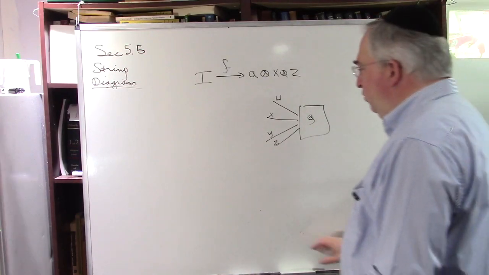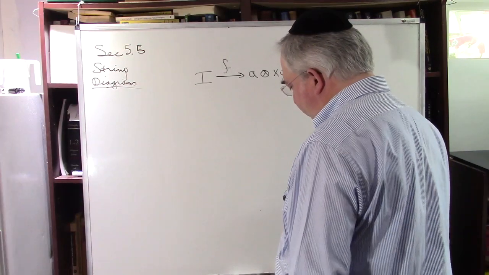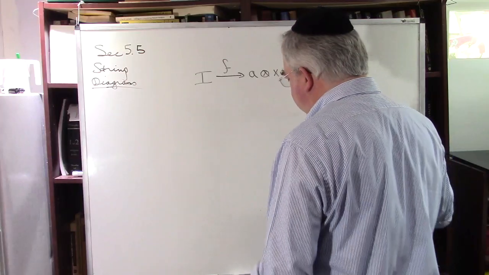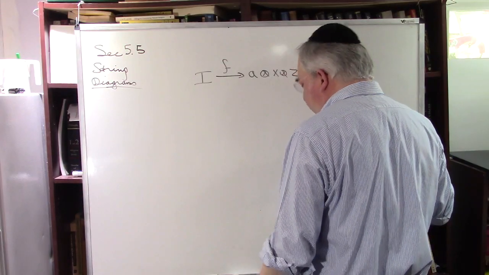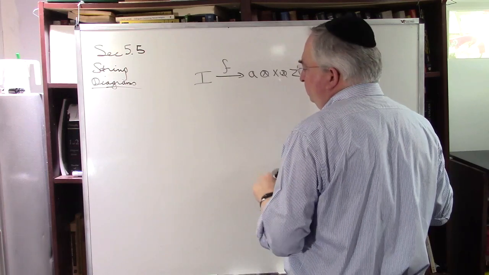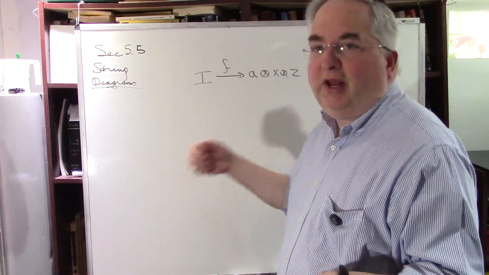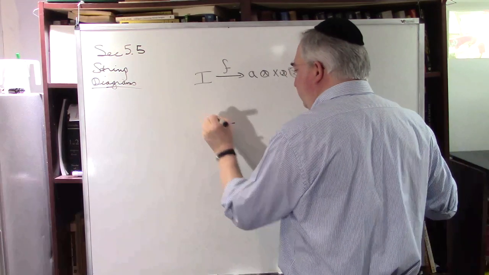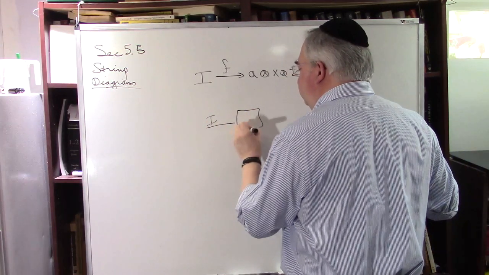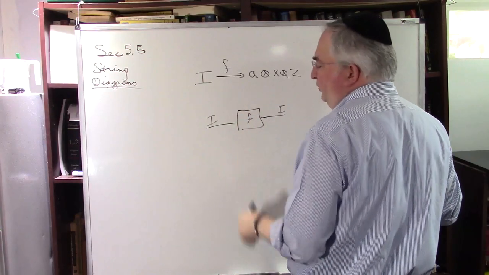Okay, what's more interesting is, well, what happens when you come from the unit and you go to the unit. So we have a map here, and you come from the unit and you go to the unit.